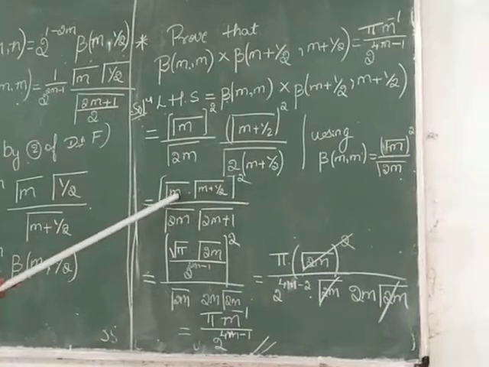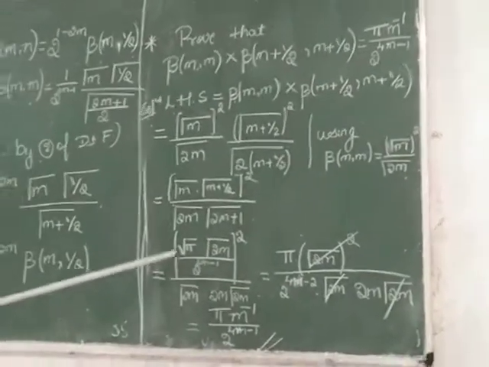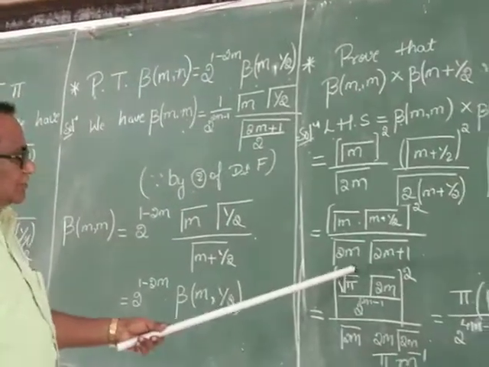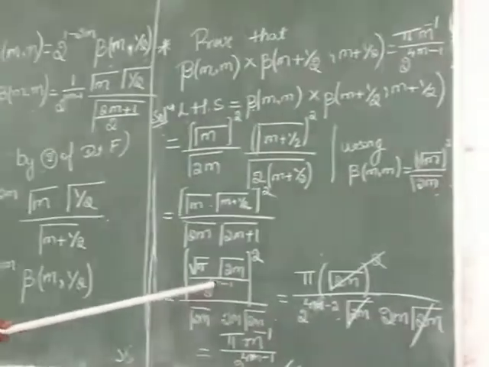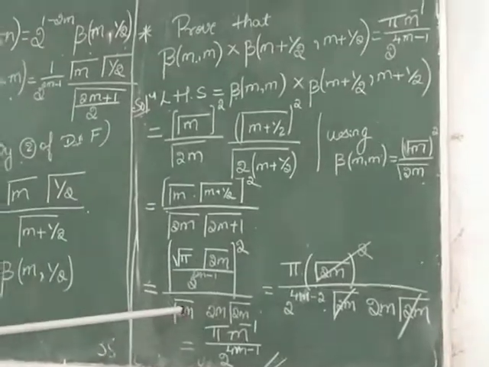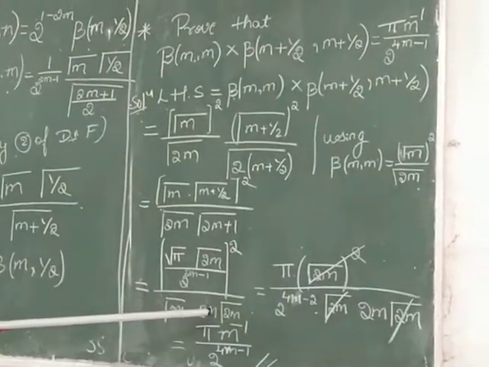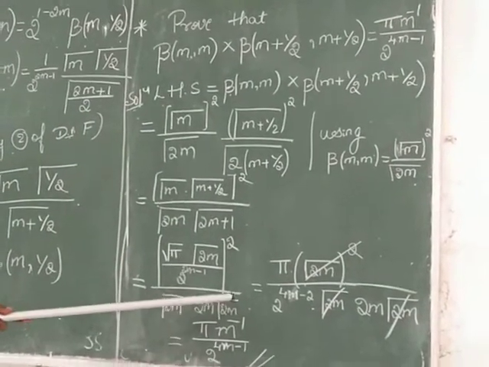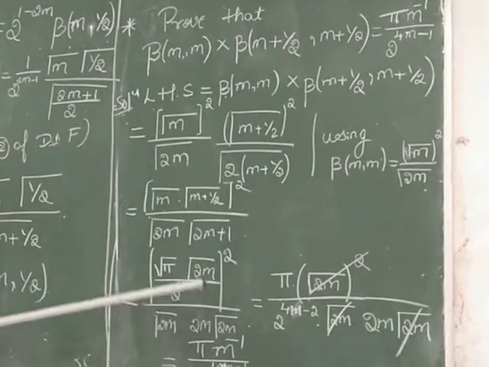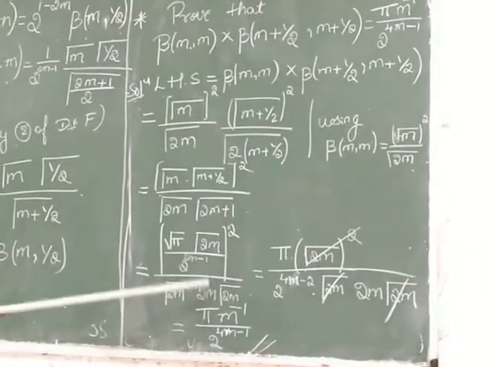Yes, and gamma m into gamma of m plus half whole square is, by our previous result, root pi into gamma 2m divided by 2 to the power 2m minus 1, whole square. And gamma 2m into gamma of 2m plus 1 may be written as 2m into gamma 2m, because gamma of n plus 1 is equal to n into gamma n. So in the place of n we have 2m. It is 2m into gamma 2m.